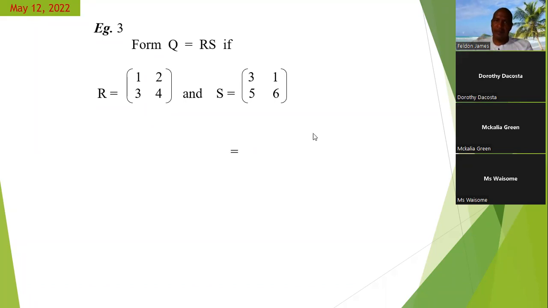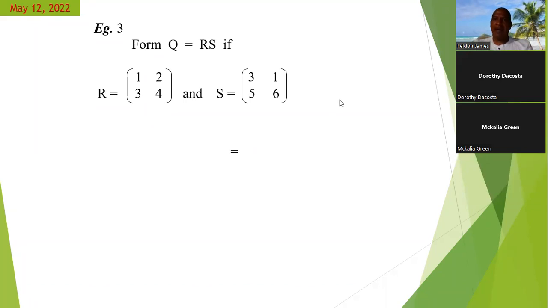Oh, sorry. All right, so generally, if we're multiplying two matrices, we have to check both the matrices. We have to check the order of each matrix. Remember, the order is the number of rows by the number of columns. So this first matrix would have 2 rows, 2 columns, so we know it would be a 2 by 2.